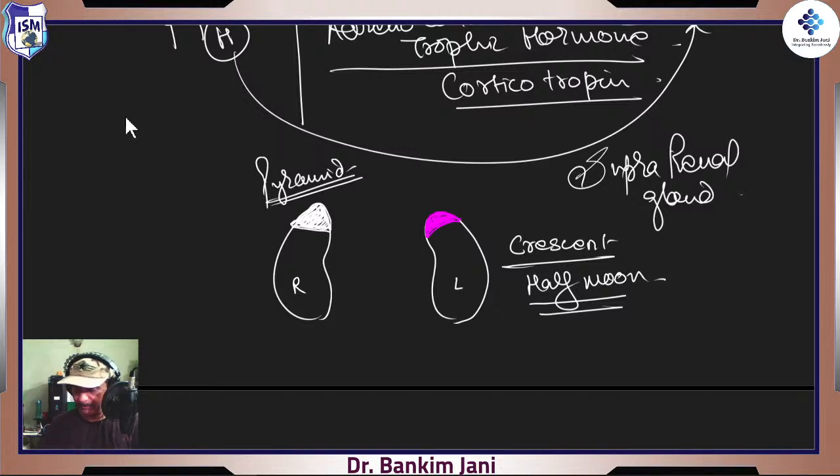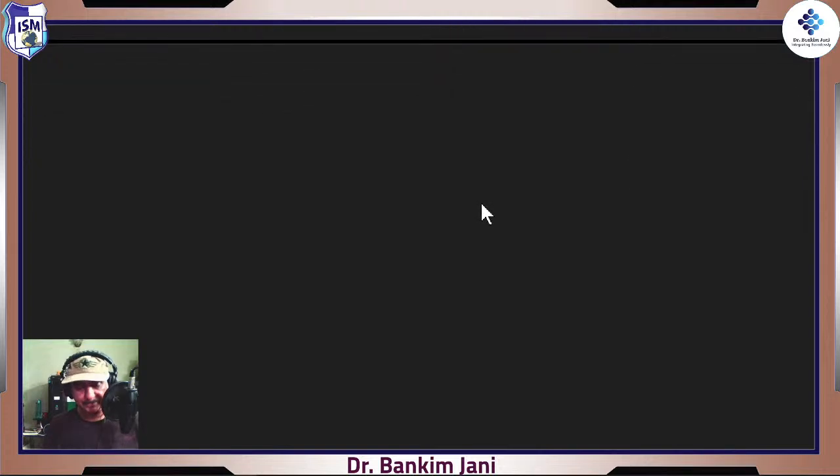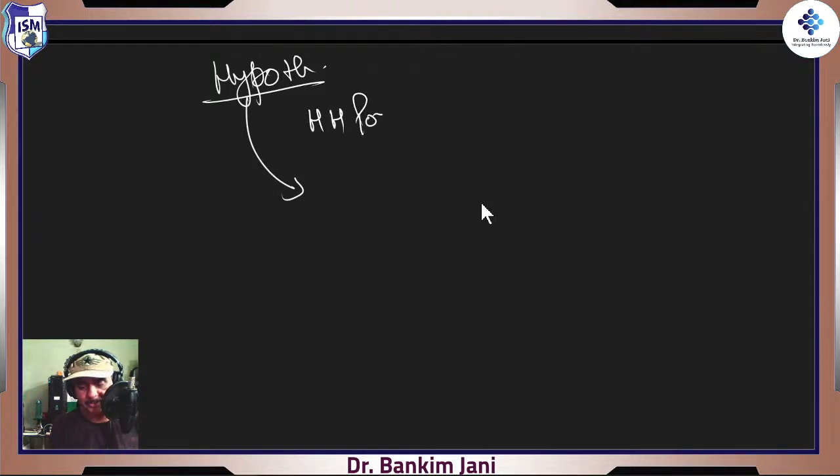So the entire process would be like this now. Hypothalamus, right? And then via the hypothalamo-hypophyseal portal system, right? You got the point? Portal system, which is nothing but blood capillaries.